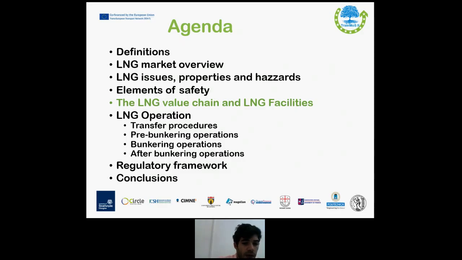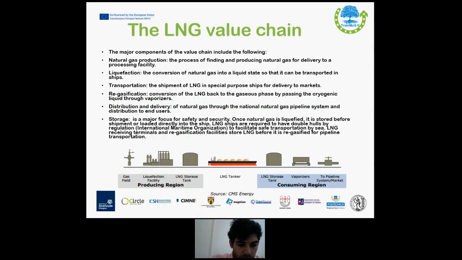Now, moving forward to the LNG value chain and the LNG facilities, we can see in this picture the LNG value chain, of which the major components include the following stages. The natural gas production, which is the process of finding and producing natural gas for delivery to a processing facility.